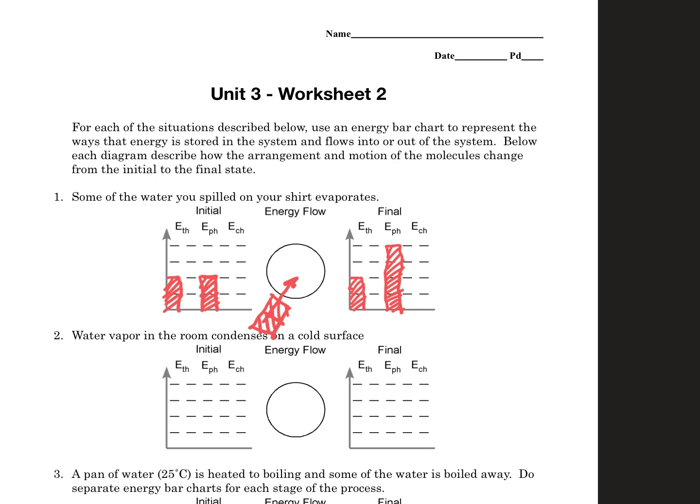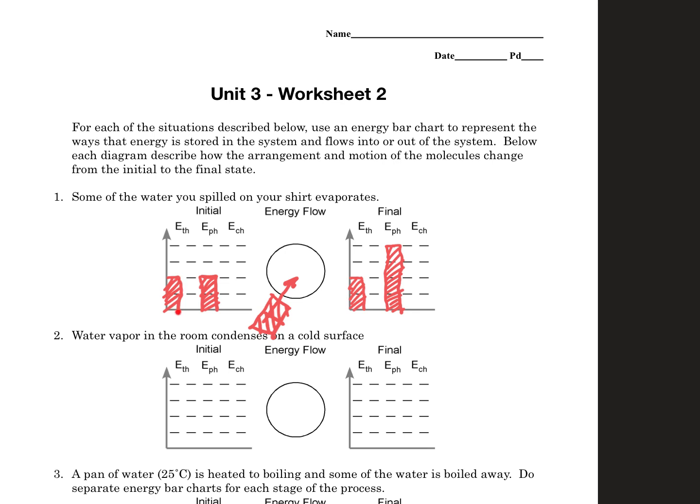We went from liquid to gas. The temperature did not change. So when you're thinking through these, think about what you're starting with and what you're ending with and what had to happen in order for that to happen. Okay, in this case, we started with a system that did not change in temperature. So ETH is the same in both cases.